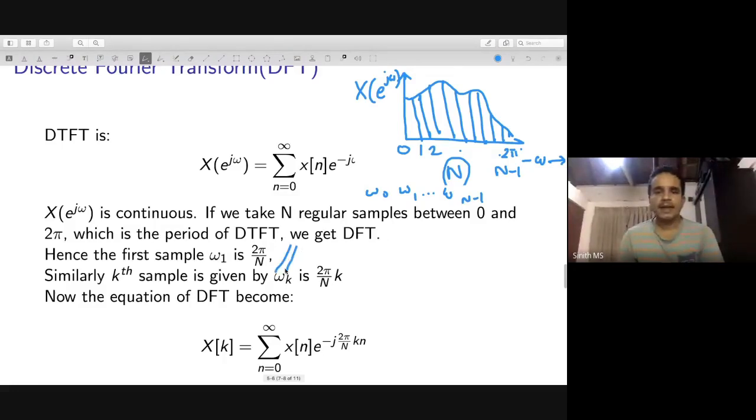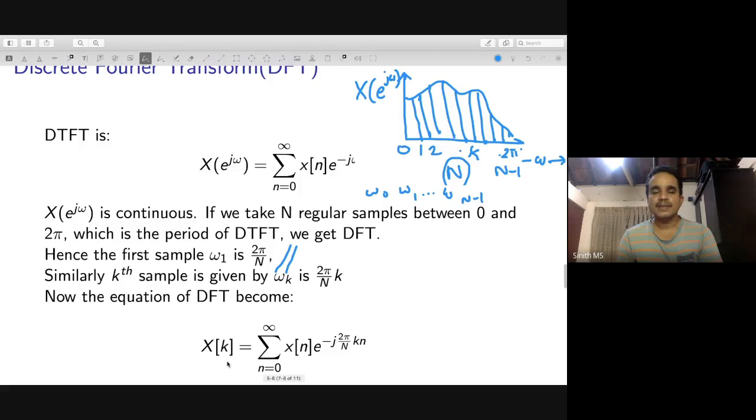And what will be the kth sample if you take some kth sample in between? ωk will be 2π by N, which is one division, multiplied by k divisions. So 2πk by N will be the kth sample. X(e^{jω}) is a continuous and periodic signal, and if you take one period and take N samples from that, it becomes your discrete Fourier transform.